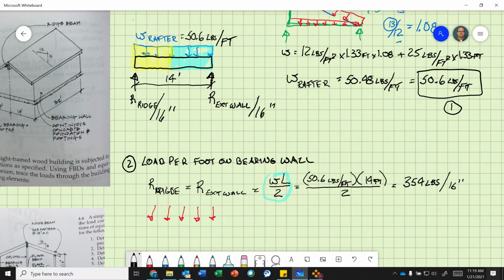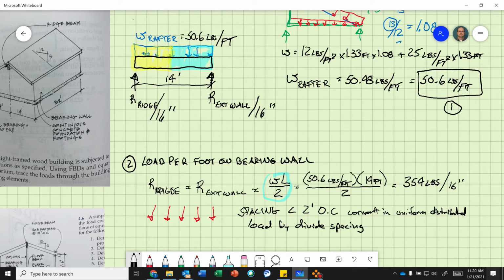But if the spacing is less than 2 feet on center, we can convert into a uniform distributed load by dividing by the spacing.